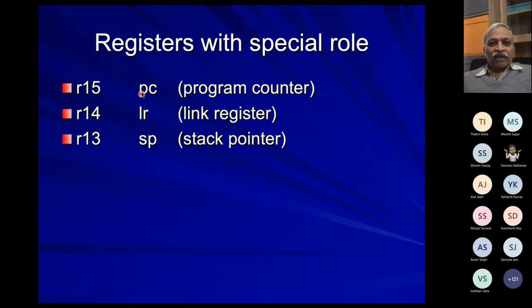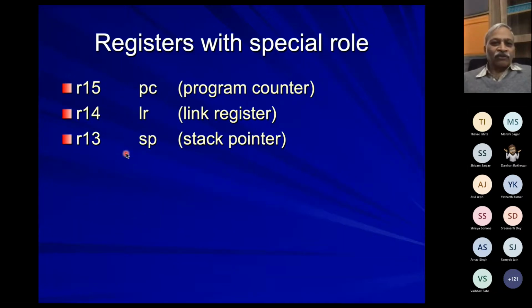If PC and LR were separate registers, then you would require a special instruction. The usual instruction which moves from one register of the register file to another register of the register file will not work for PC and LR if they were different. But one could argue that, out of 16 registers you are losing 3 for this special purpose, and actually only the remaining 13 are general purpose registers in the true sense.